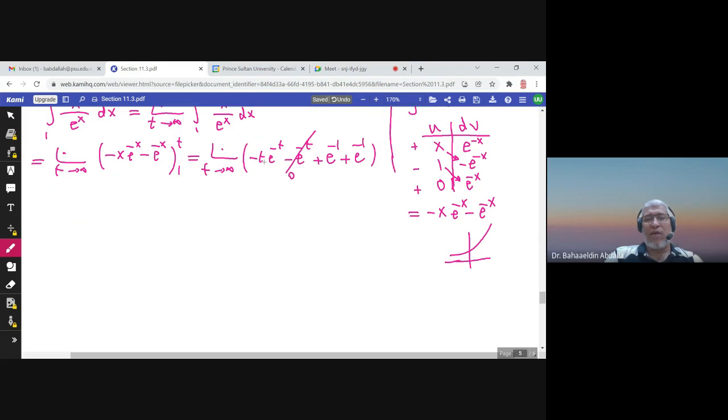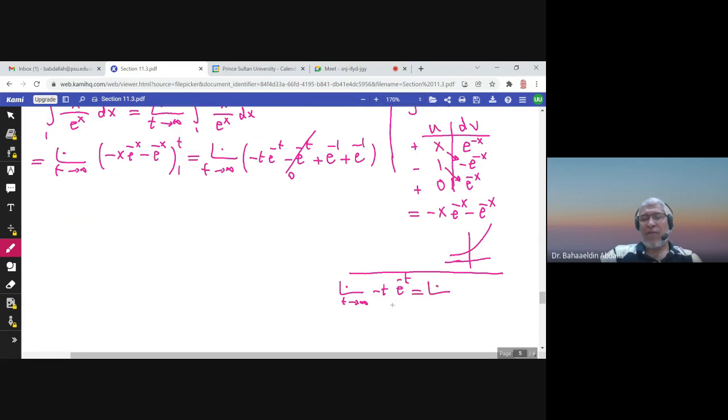But here, I'll have infinity times 0. And because I have infinity times 0, I have to use L'Hopital's formula to find the limit of negative t times e to the power negative t when t goes to negative infinity.